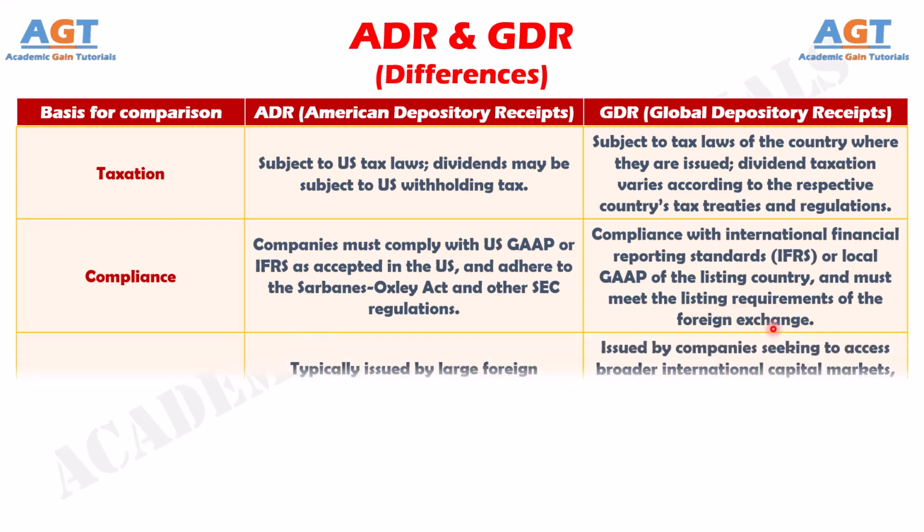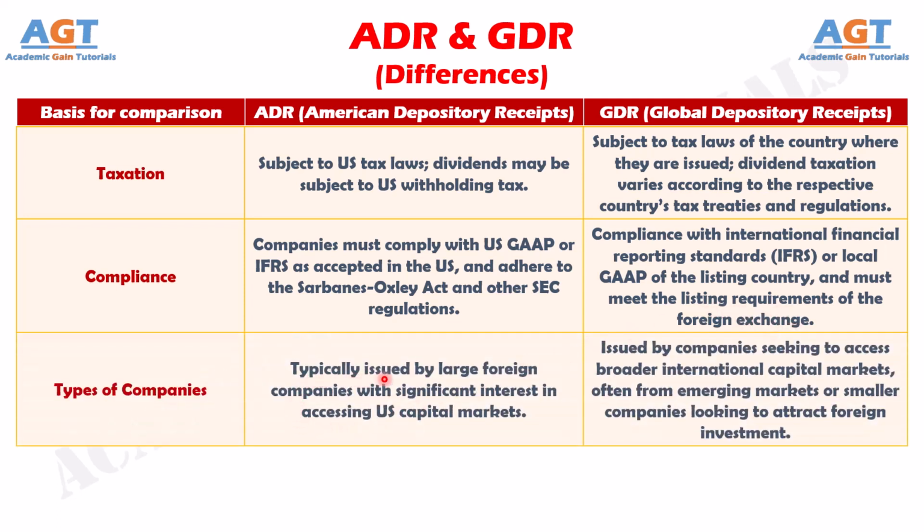Number 13. ADRs are typically issued by large foreign companies with significant interest in accessing U.S. capital markets, whereas GDRs are often issued by companies seeking to access broader international capital markets, including those from emerging markets or smaller companies looking to attract foreign investment.